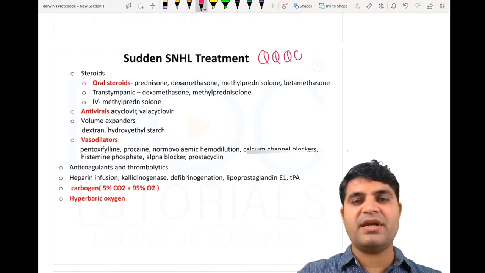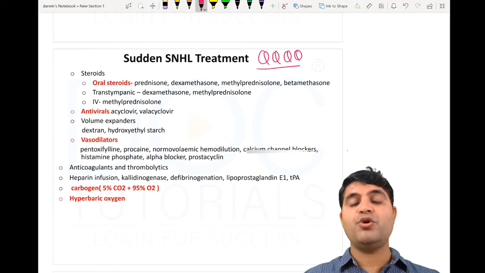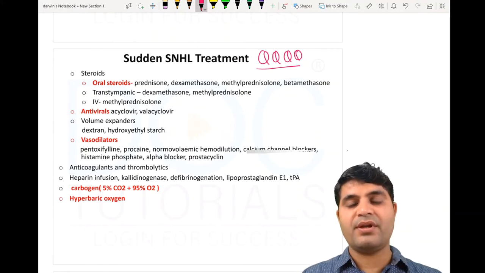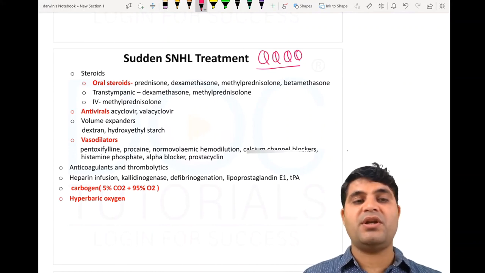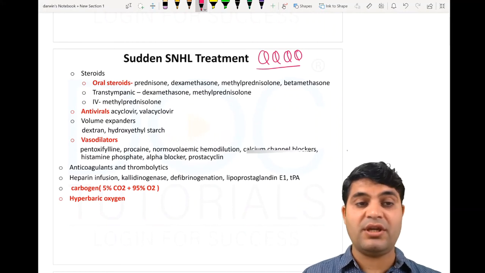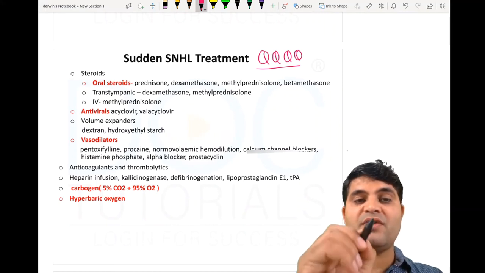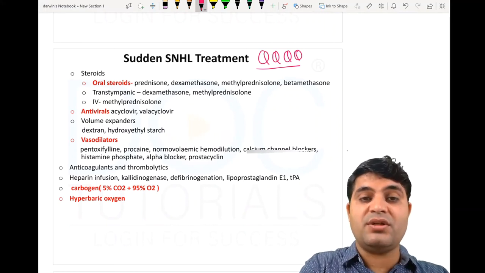I expect this slide because nowadays you use earphones. Clear? So many viral infections, COVID-19. This condition is precipitated nowadays, sudden sensorineural hearing loss. So dear students, whenever you have sudden sensorineural hearing loss, what is the definition?